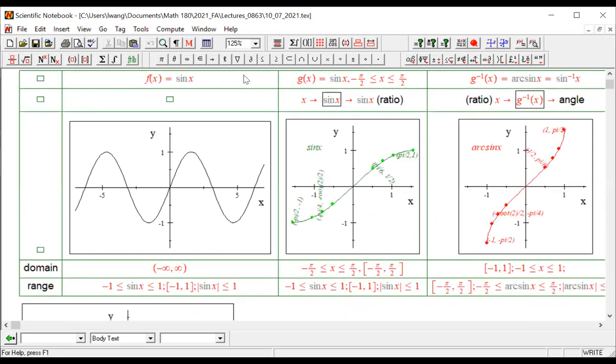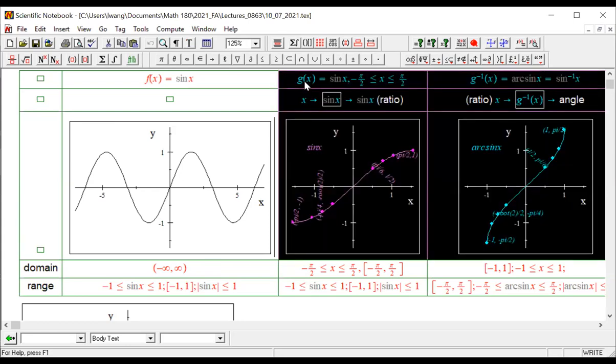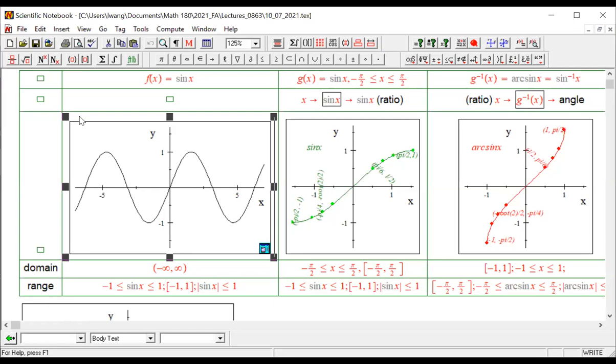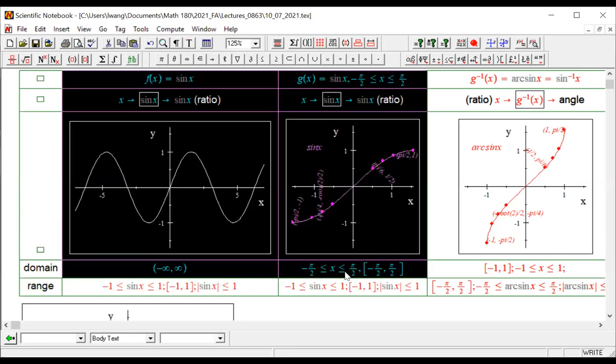They're completely different three functions, okay? These two functions are inverse to each other. And this function has no inverse, okay? No inverse. What's the difference between these two? Domain. The difference between f and g is domain.